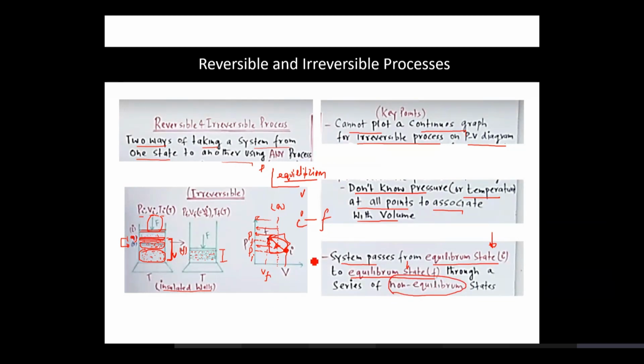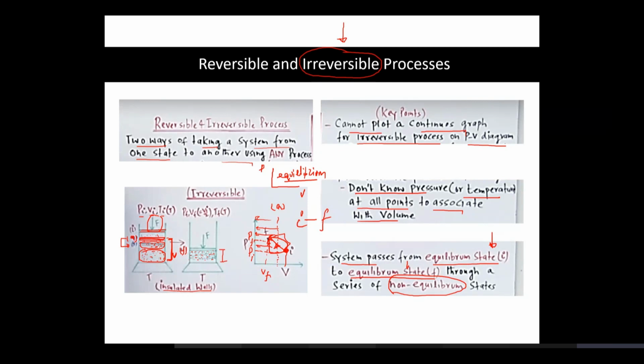This is where your process becomes irreversible. So a quick compression or a quick expansion is recognized as an irreversible process. Remember that fast expansion or fast compression is considered an irreversible process.